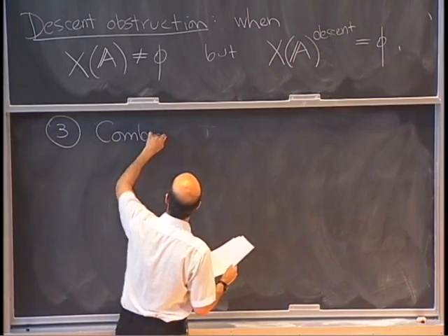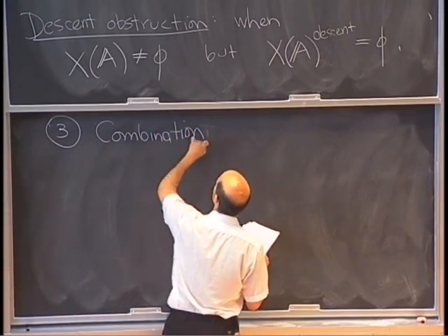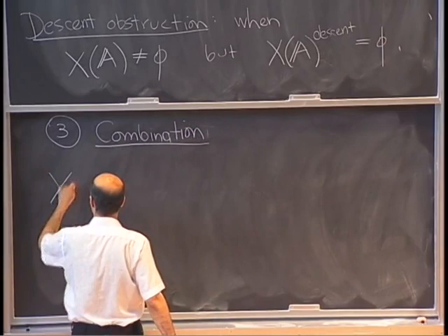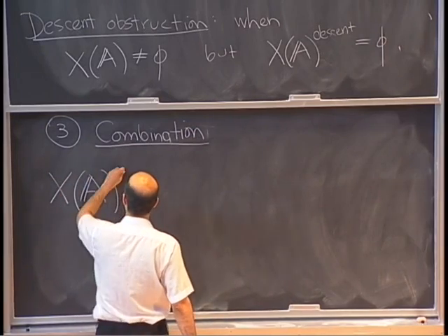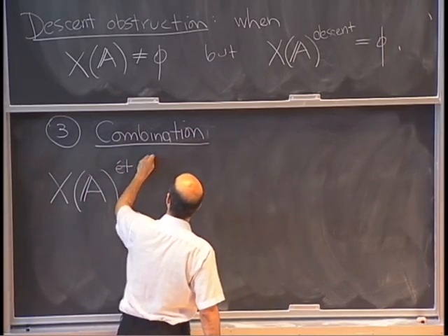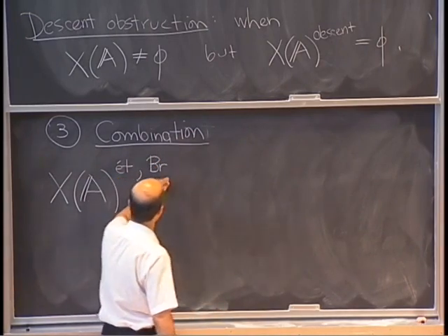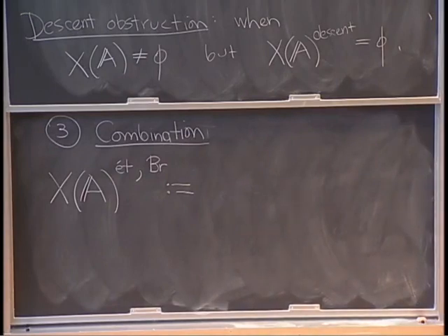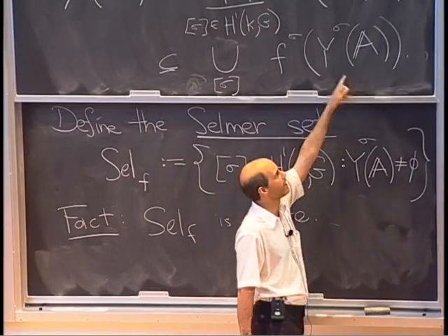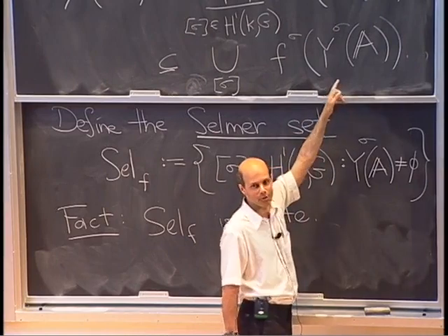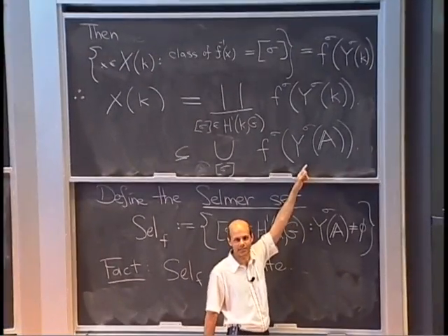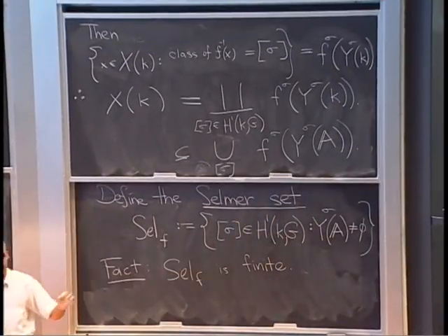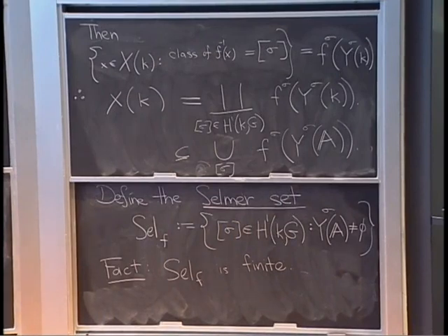So let me define now a combination obstruction, which I call the étale-Brauer obstruction, where I do this descent obstruction for finite étale groups G, but then at the end, instead of just saying, okay, the rational points of these auxiliary varieties are inside the adelic points, why don't I also apply the Brauer-Manin obstruction to these auxiliary varieties? And you get further restrictions then on the locations where the rational points can lie.